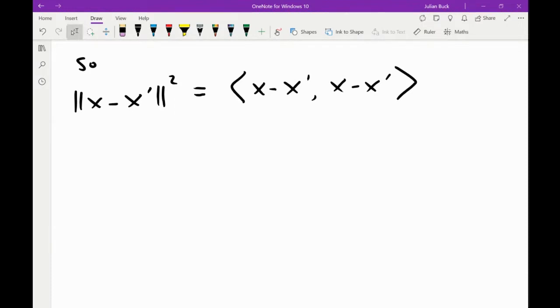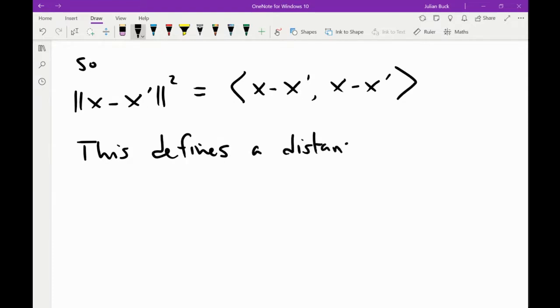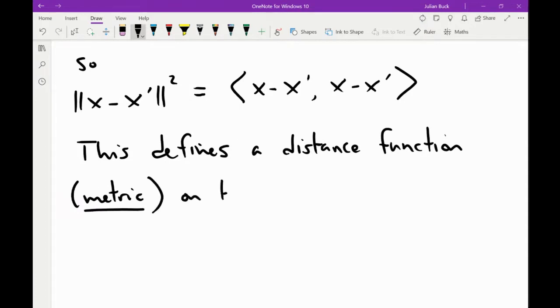When we take differences in this way and take their inner products, this defines what's called a distance function, telling us how far apart x and x prime are, which we sometimes call a metric, on the feature space.